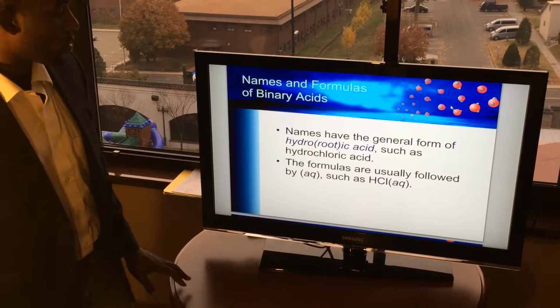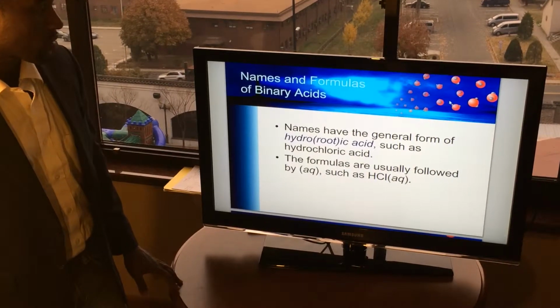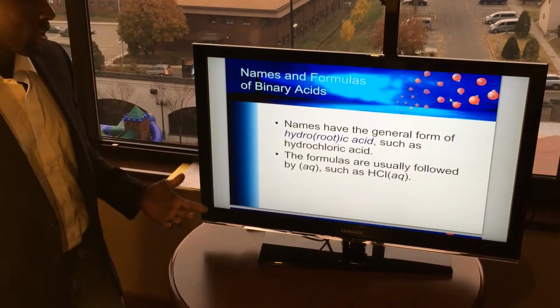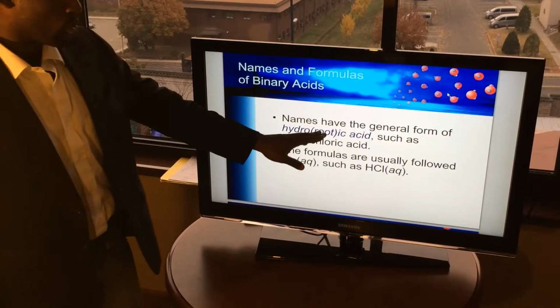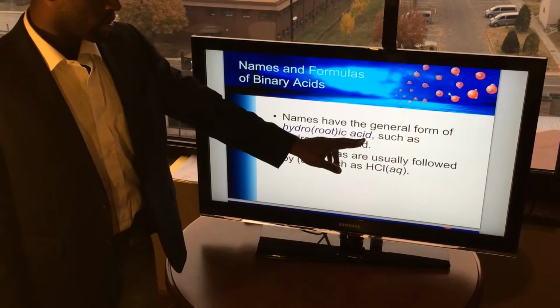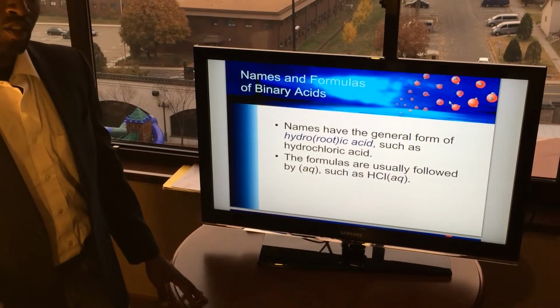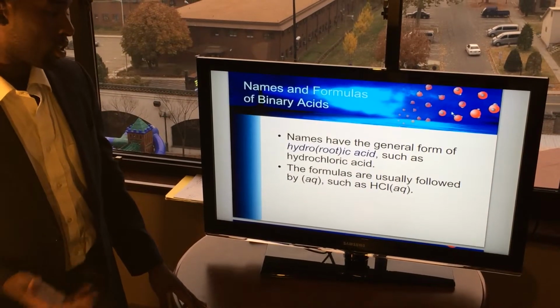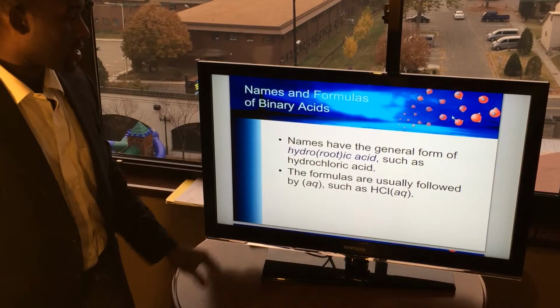So, names and formulas of binary acids. Binary acids have the general form of hydro, then you put the root, then ic acid, such as hydrochloric acid. So instead of saying hydrogen chloride, I can say hydrochloric acid. Let's go back to make sure that you're grasping the concept.